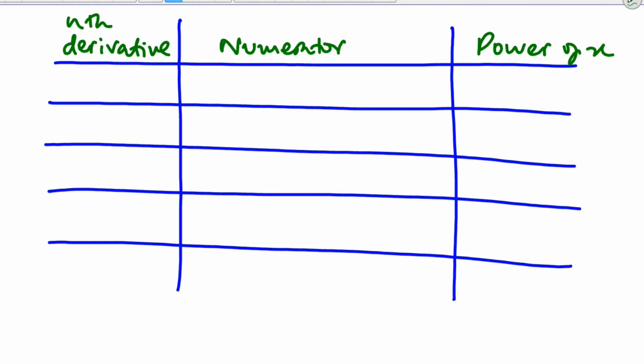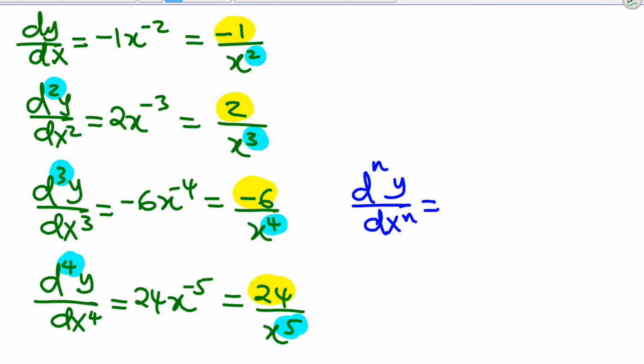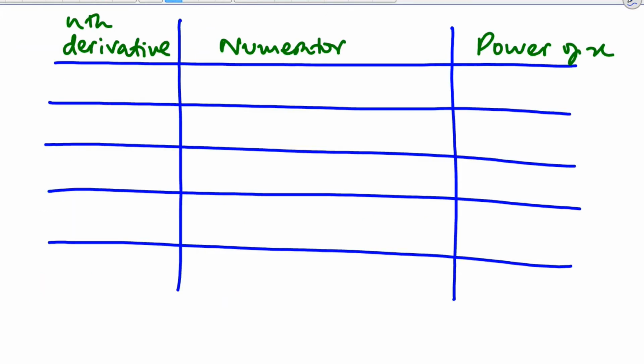From our solutions here, we can see that for the first derivative, the numerator is negative 1 and the power of x is 2. I'm just going to fill in that information.